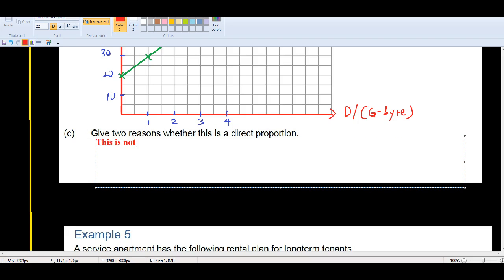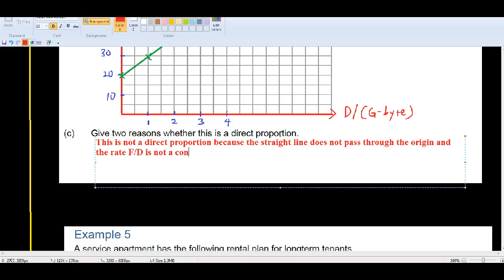This is not a direct proportion because the straight line does not pass through the origin, and the rate F over D is not a constant.